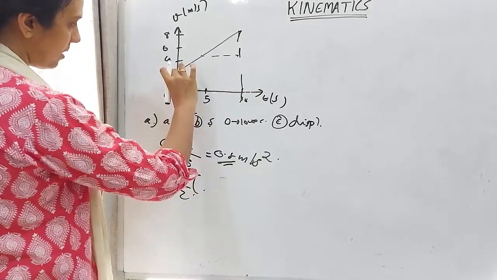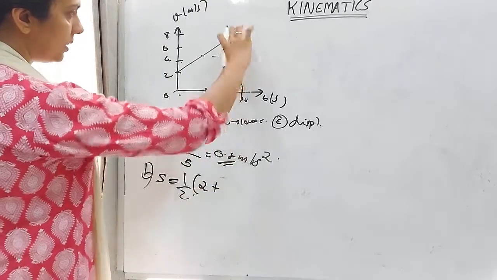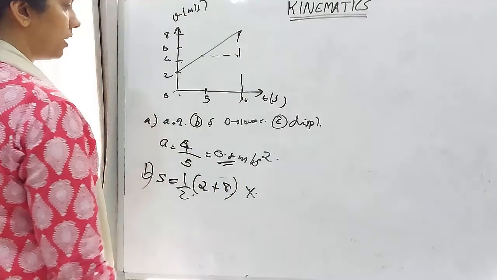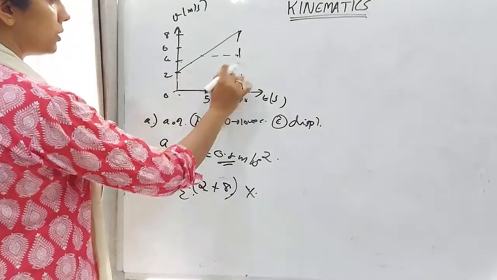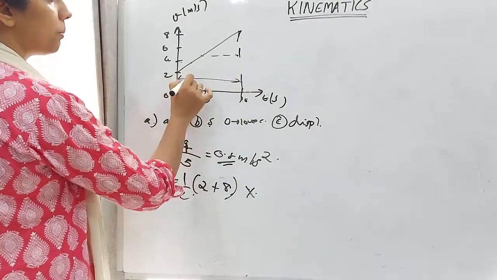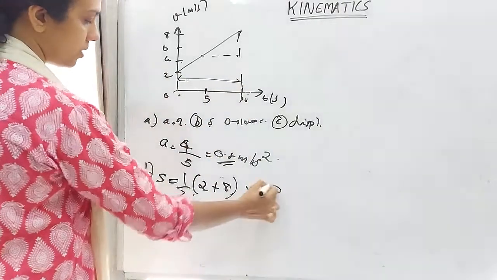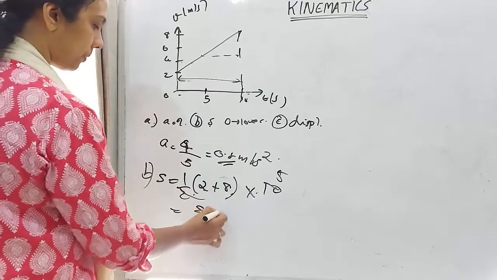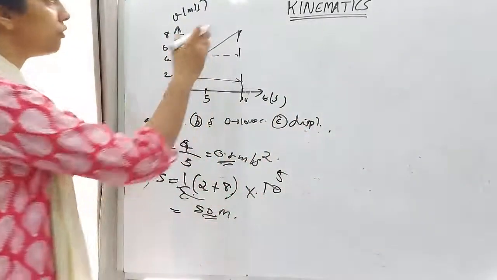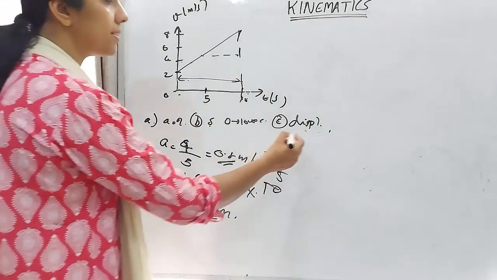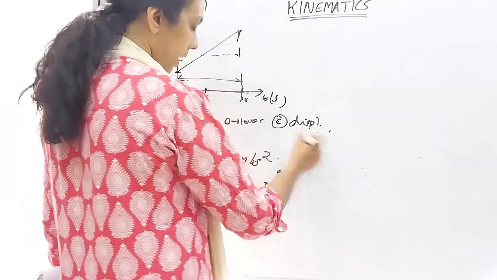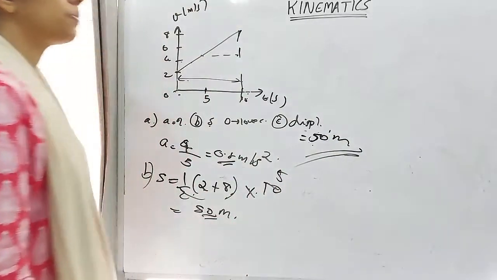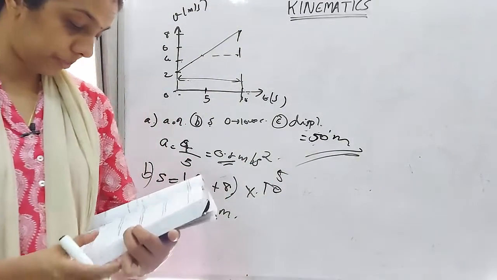What is that? 2 plus 8, into the horizontal distance between the parallel sides, that is 10. So here you will get 50. Since it is uniform acceleration, displacement and distance will be equal to the area under the graph, that is 50 meter. Displacement also will be equal to 50 meter.